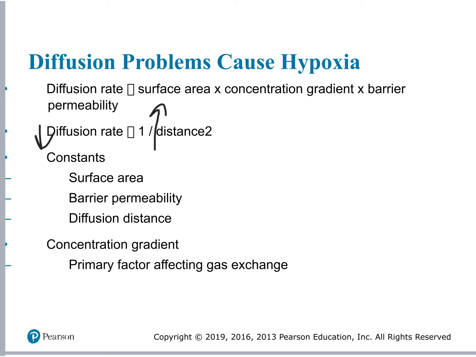In healthy individuals, normally, the surface area does not change, the barrier permeability does not change, and the diffusion distance does not change. So the primary factor that affects gas exchange is going to be the concentration gradient.